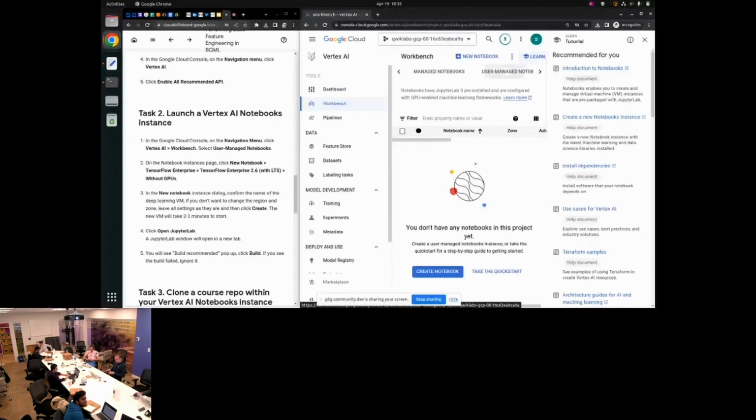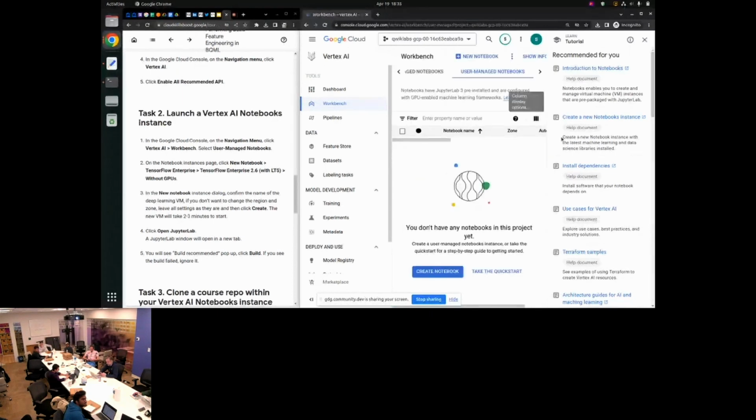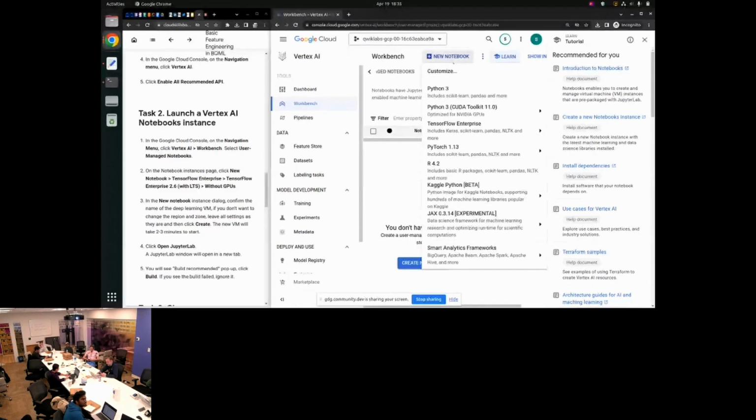Choose user managed notebook because you want to have everything manageable by you. And there should be a Jupyter notebook somewhere. Yeah, new notebook on the top. It gives you what type of notebook you require.